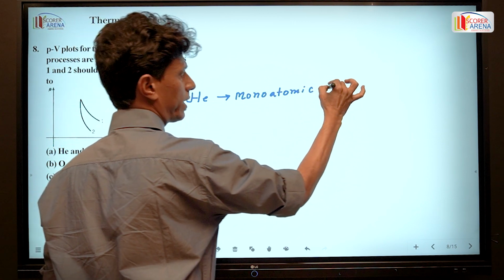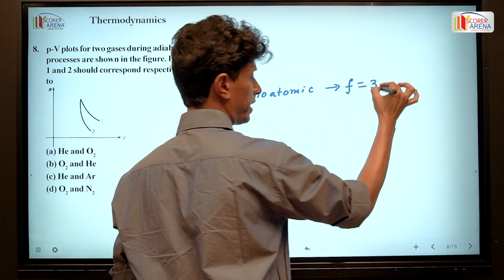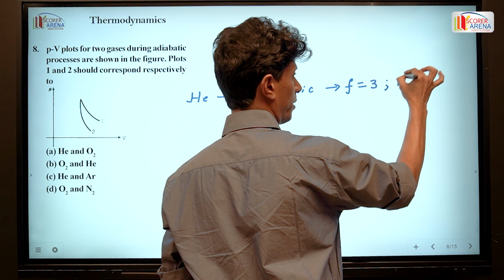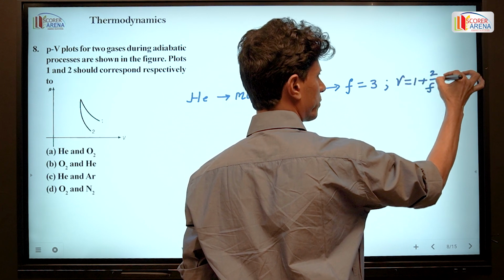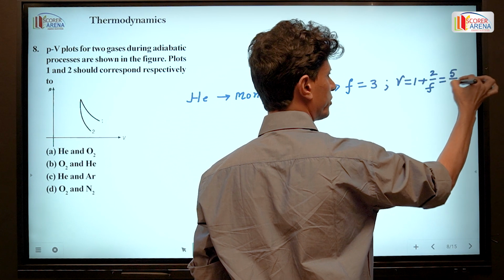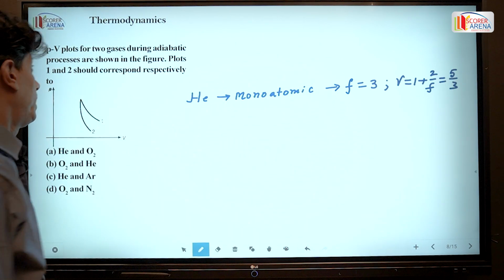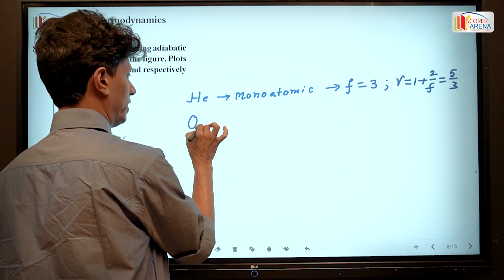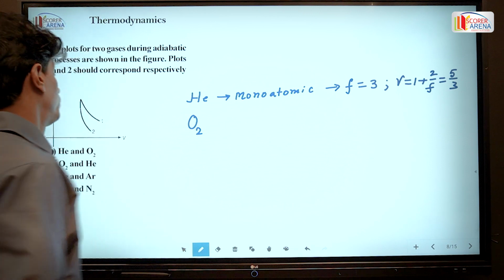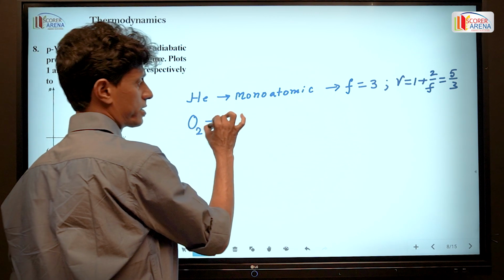Helium is a monoatomic gas and degree of freedom is 3, and hence gamma is equal to 1 plus 2 by F, so this is 5 by 3. It is for monoatomic gas. Another gas given here in the option is O2, oxygen, a diatomic gas.